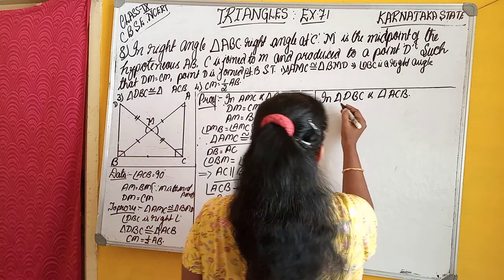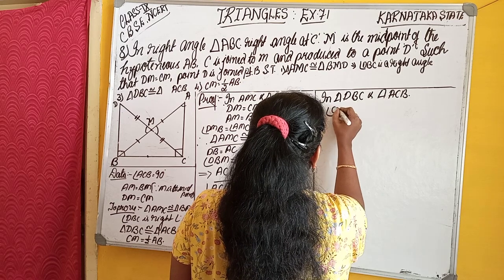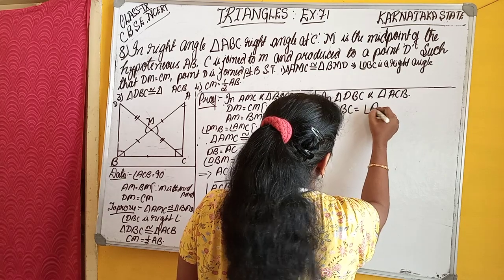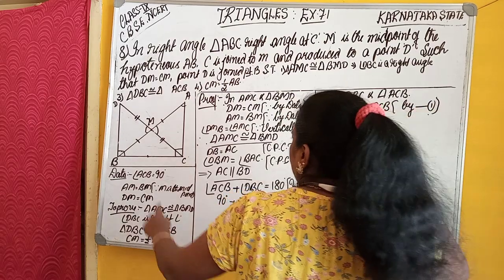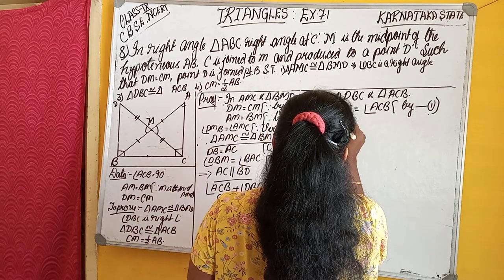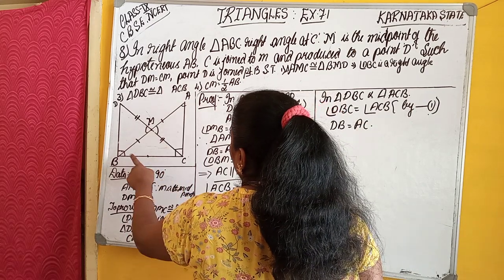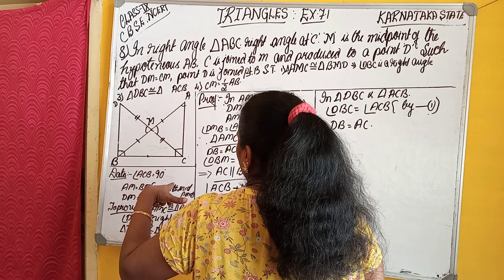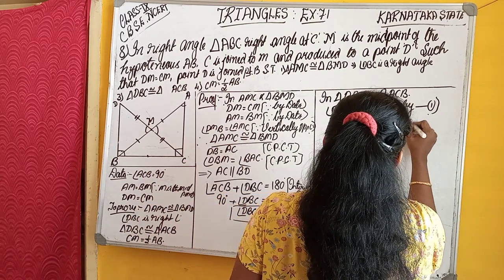Now write all those things. The corresponding parts in these two triangles: first one is angle DBC is equal to angle ACB. This is by 1. And here DB is equal to AC by CPCT.